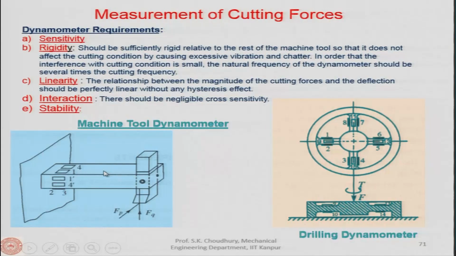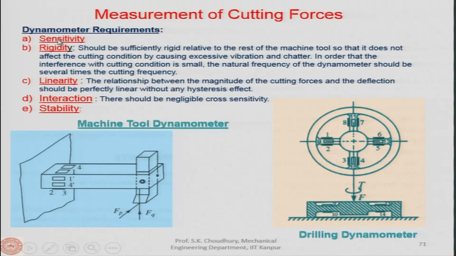Now, for the measurement of cutting forces, the dynamometers that are used have certain requirements. Whatever the dynamometer is, either a ring type dynamometer, or a cantilever beam dynamometer, or an octagonal dynamometer, all these requirements or demands should be there.